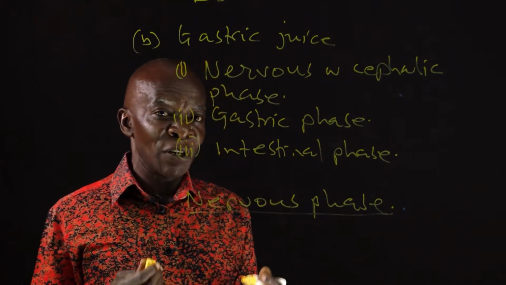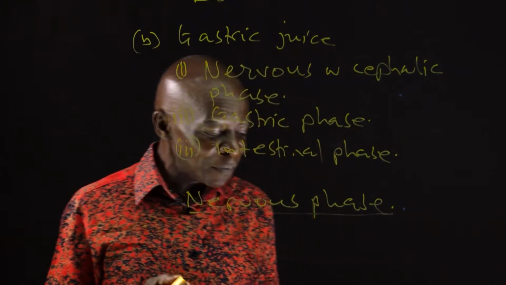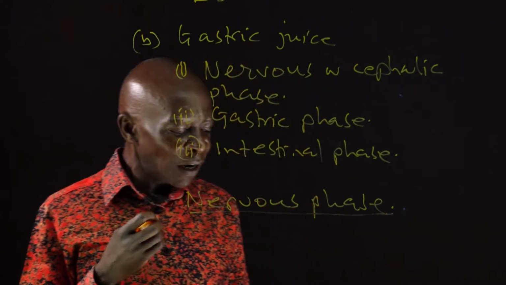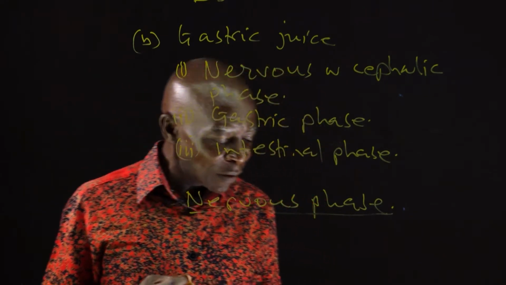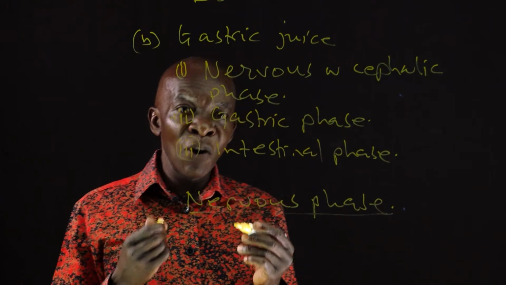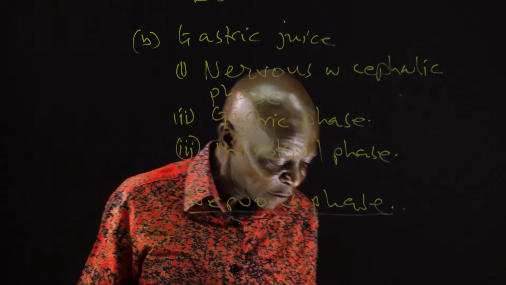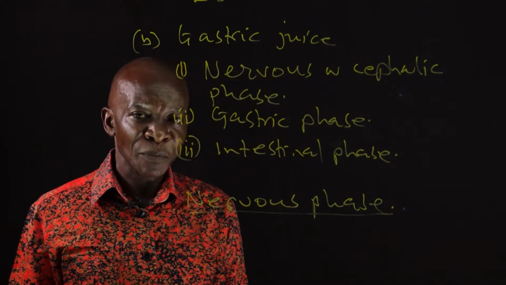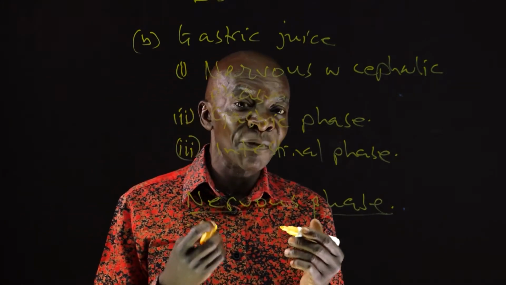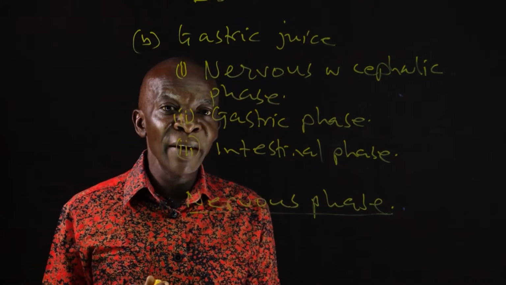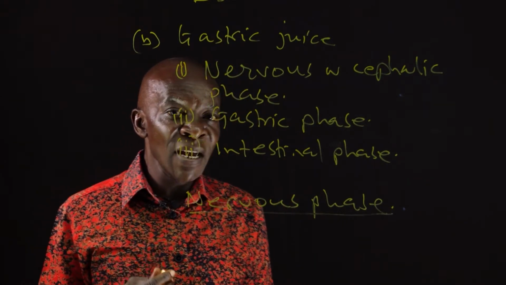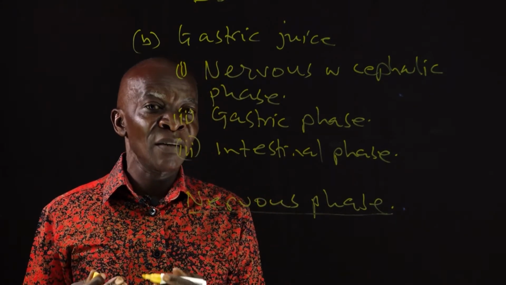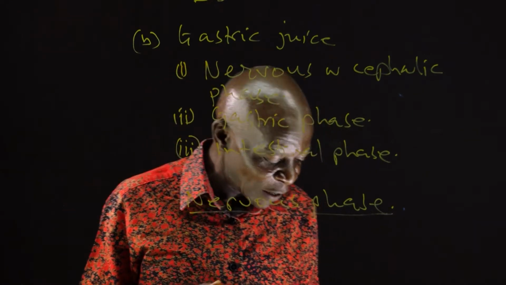The presence of the food in the buccal cavity and its subsequent swallowing will trigger reflex nerve impulses that pass along the vagus nerves from the brain to the stomach.